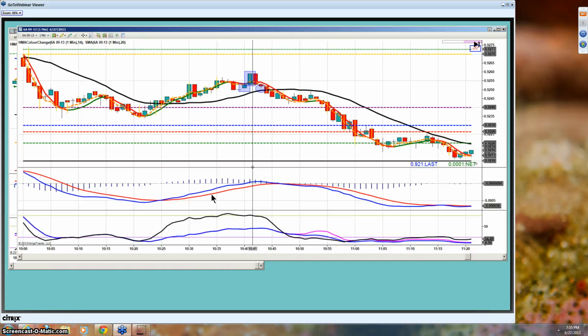Okay? So if you're going to go short, it must be a red candle. Cannot enter on a green candle. And if you're going to go long, it must be a green candle. Cannot enter on a red candle. Period. And you must wait for it to show up, because otherwise you get caught by those HFTs.